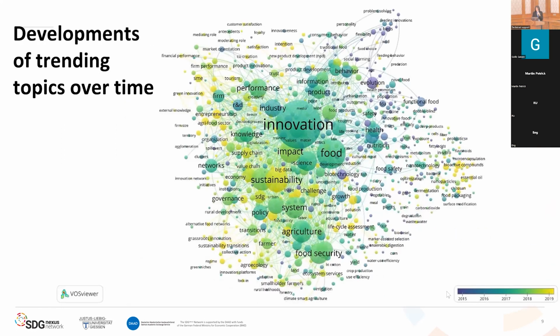In the next step, overlay visualization is used to identify influential topics and emerging trends. Here you could see the scale. The color of the keywords indicates the average year of publication in which these keywords appear. Most of the top keywords are green, meaning an average publication year between 2017 and 2018.